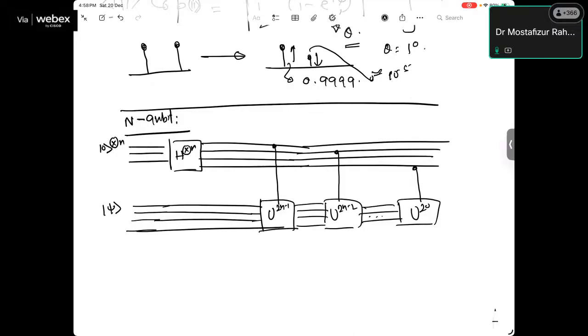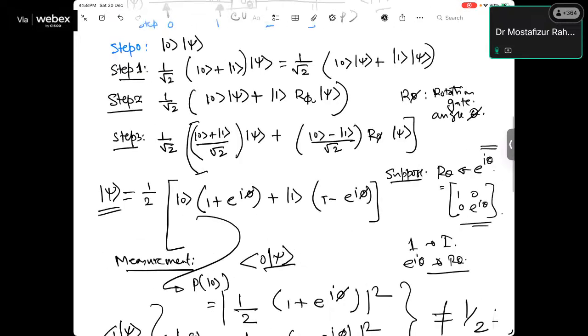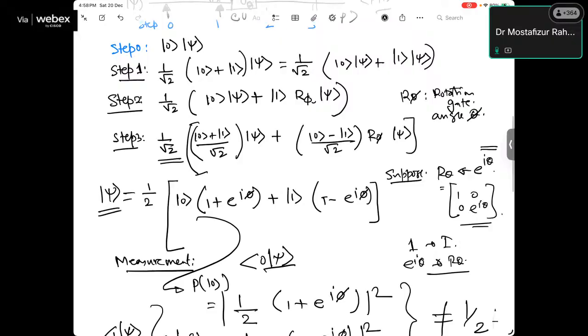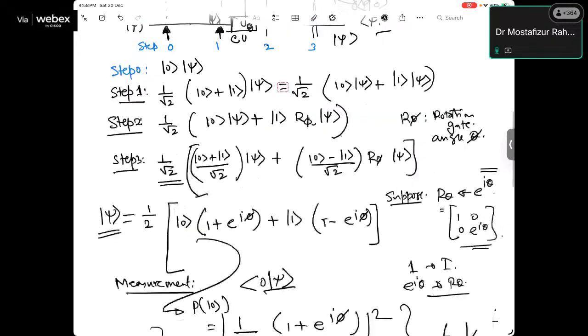Once you design the circuit in this way, your final state will be, I'm just writing the final state equation, 1 by 2 to the power n. If you compare with this particular equation, how many qubits have we used? 2 qubits, right? So that's why 1 by square root 2 squared becomes half in the equation here.